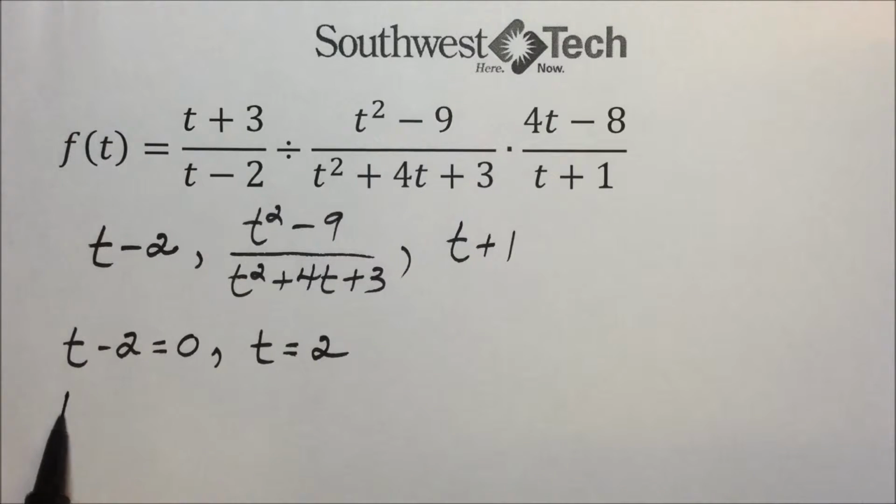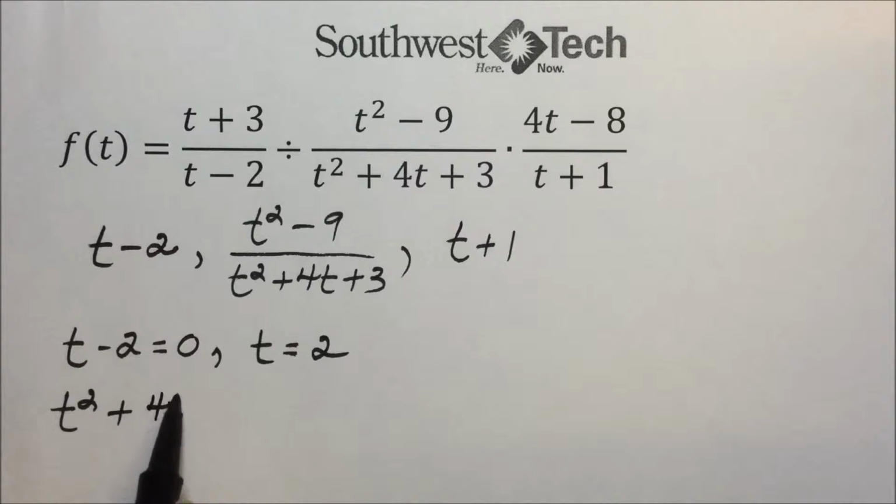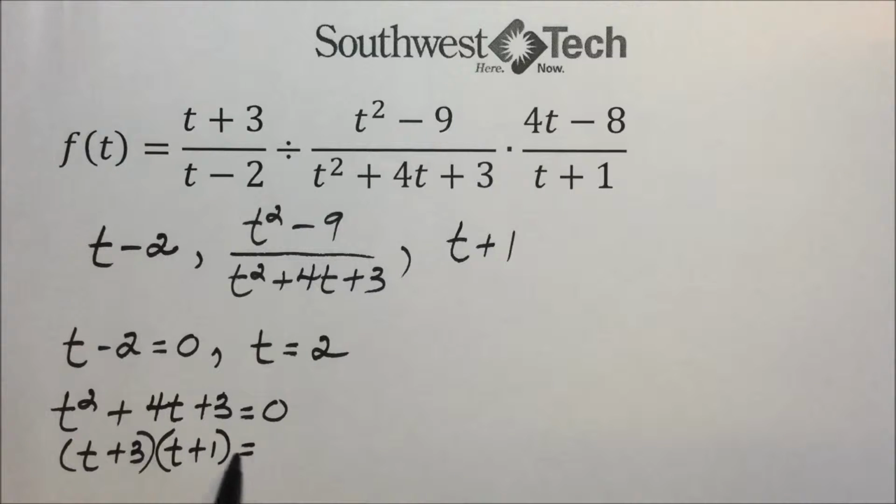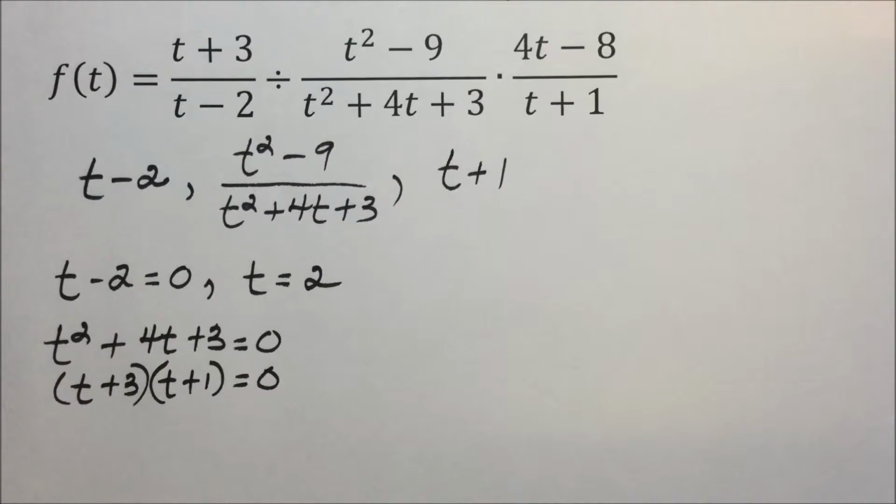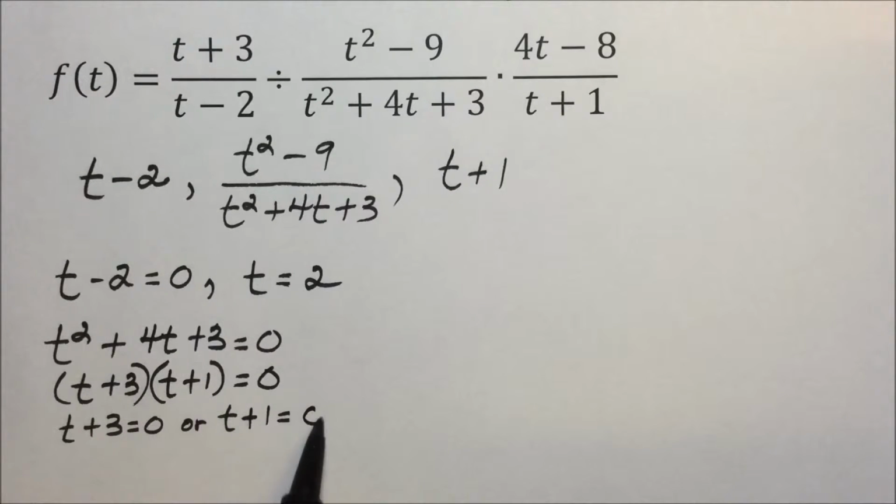We will want to avoid t squared plus 4t plus 3 equaling 0 for restriction. Factoring this, we end up with t plus 3 times t plus 1 is equal to 0, which, setting each of these factors equal to 0, t plus 3 equals 0 or t plus 1 equals 0, from our zero product property, gives us t is equal to negative 3, or subtracting a 1 from each side, t is equal to negative 1.